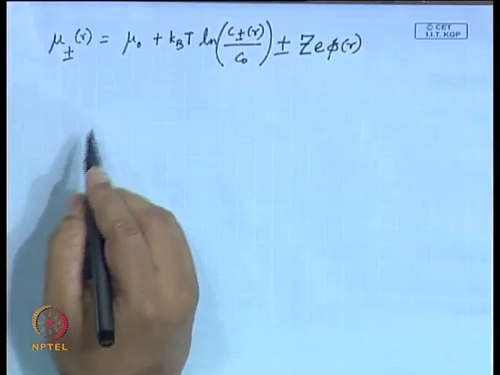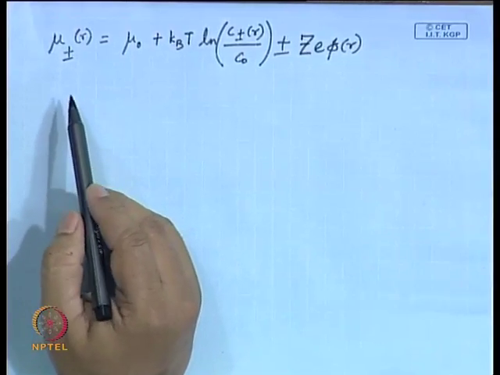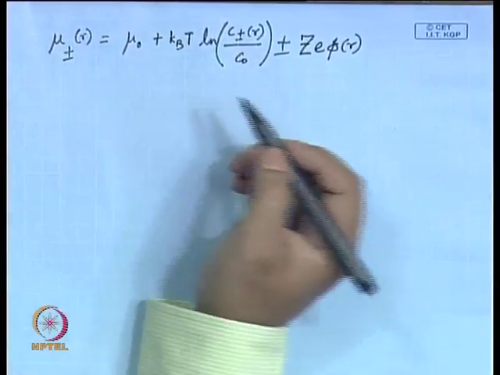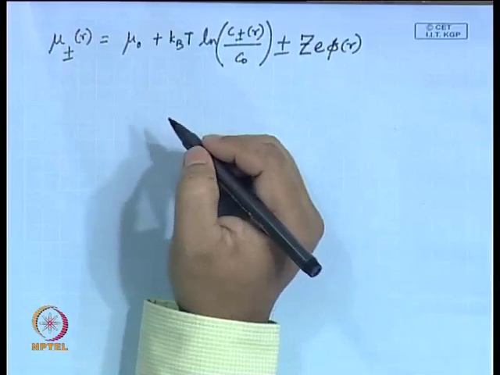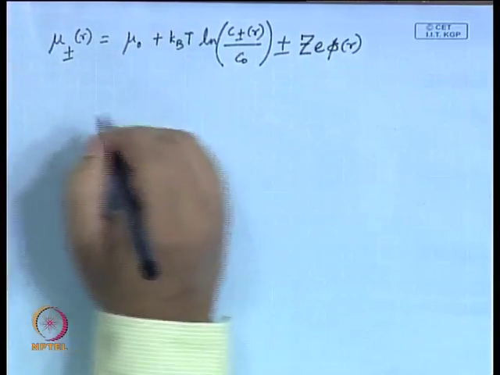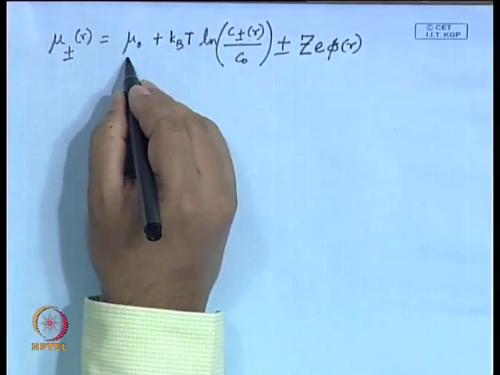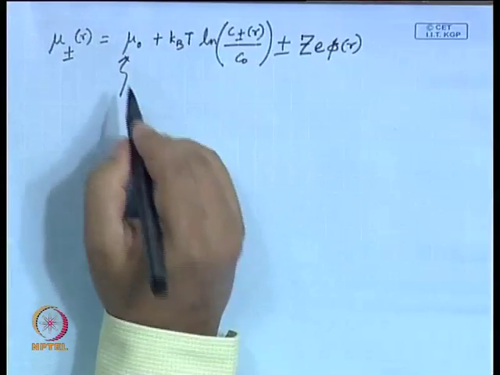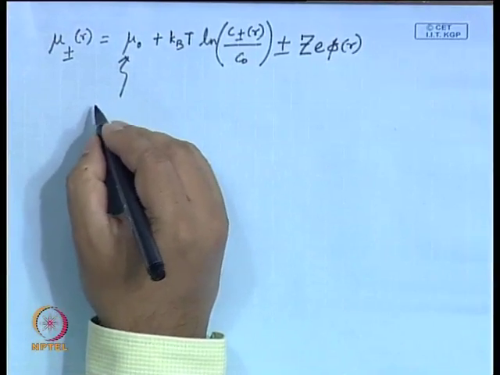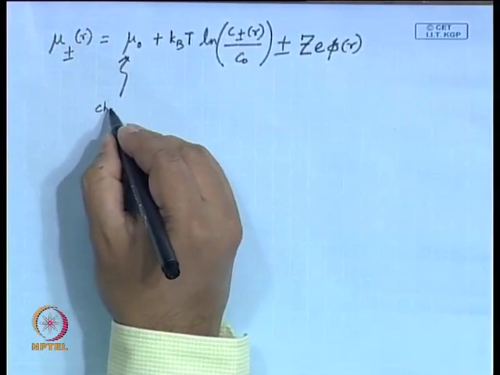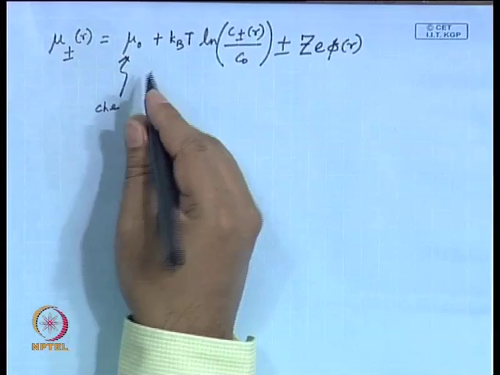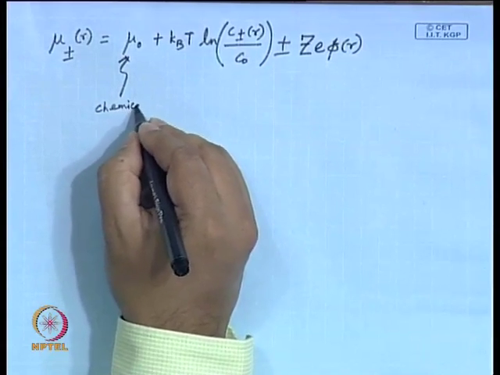This is an expression for chemical potential where we have these plus and minus charges, that means these ions are available. Here I have a mu 0 term, which is basically the chemical potential in absence of an electric field.